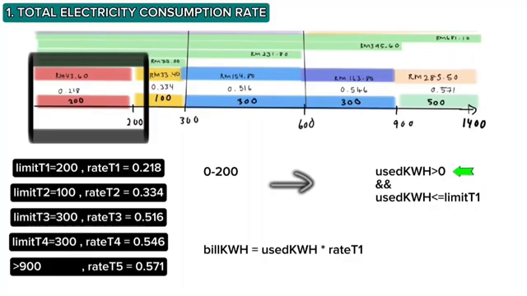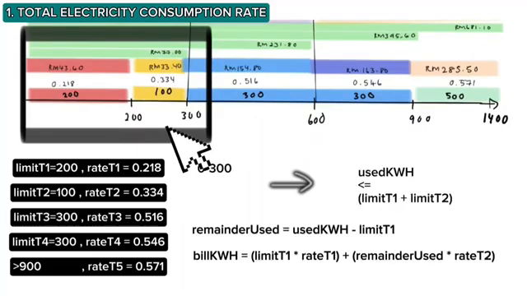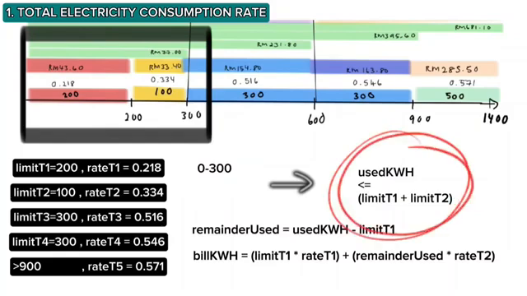That's why I still put used kilowatt more than 0 so that it won't accept the negative. For the next part, if the user uses within 0 to 300 kilowatt hour, then we can just set the limit of the range in flowchart as 300, which is limit tier 1 plus limit tier 2. We don't have to put more than 0 because we already put that in the previous tier.